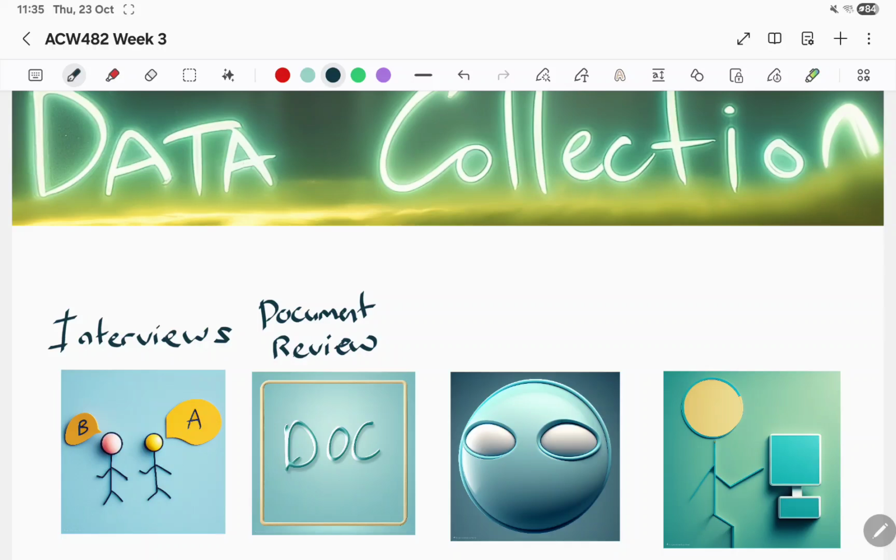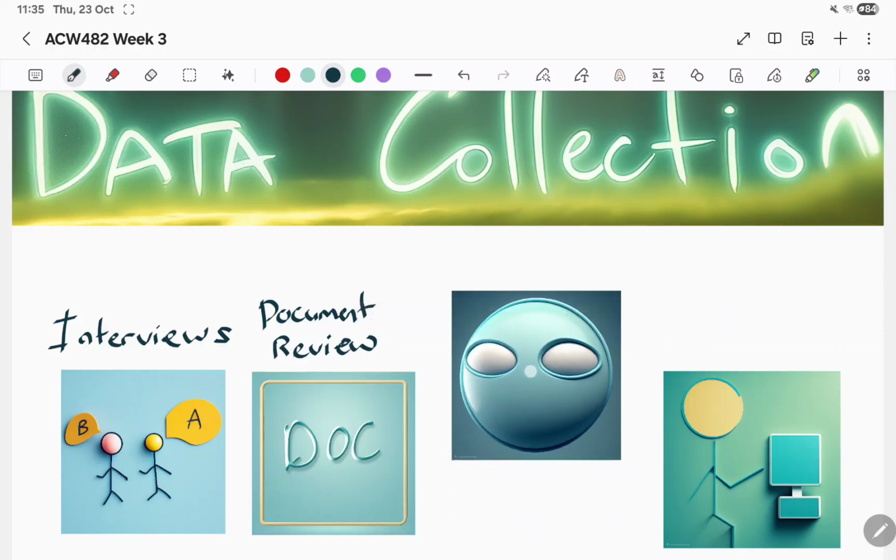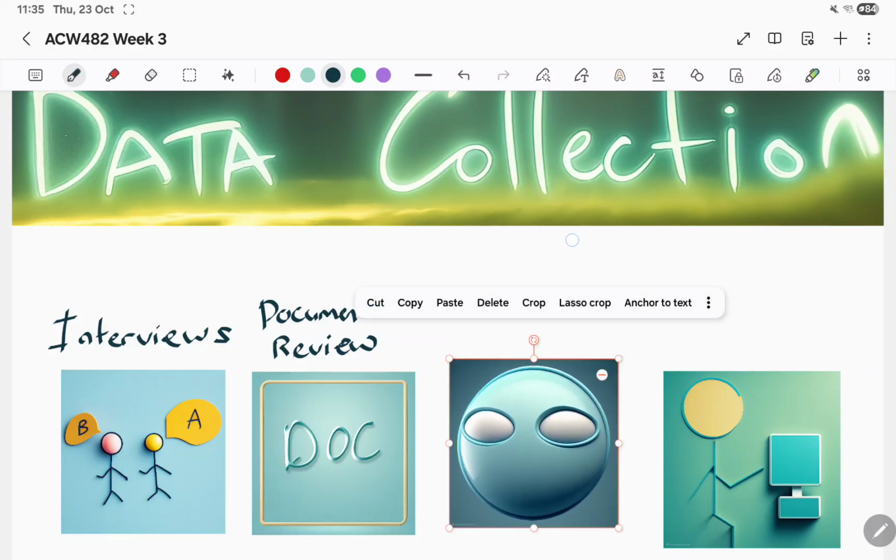And of course we should also observe. We need to observe. Observation.